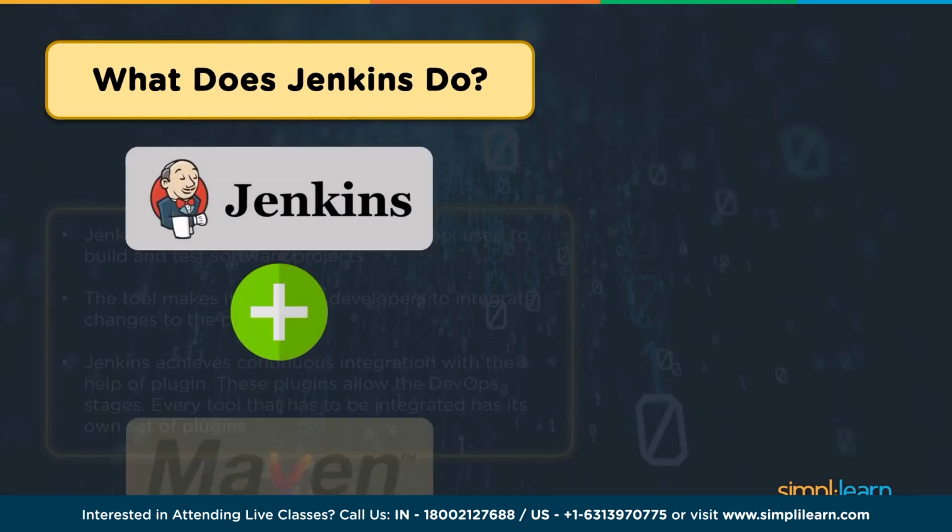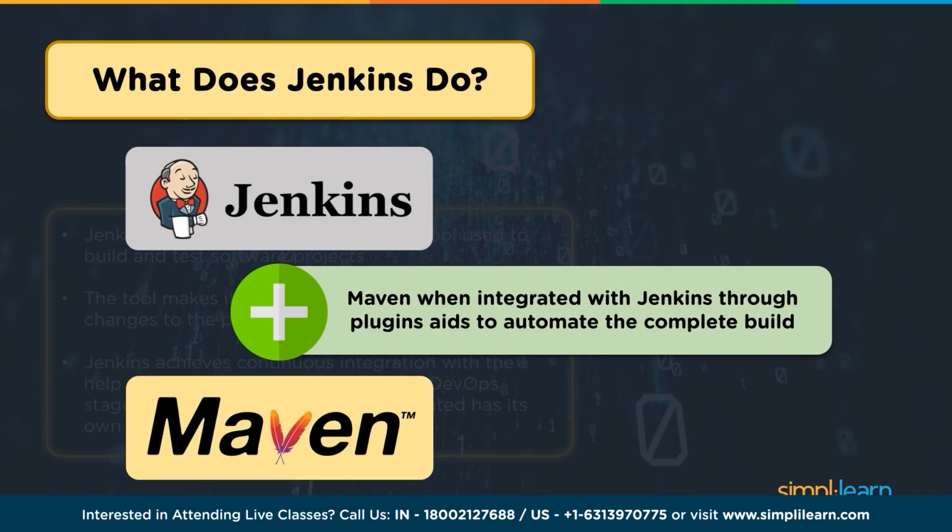So what Maven and Jenkins really do is, when Maven integrates with Jenkins through the particular plugin, you are able to automate the builds, because for build automation you require some integration with Maven, and that integration is what we get from the Maven plugin.